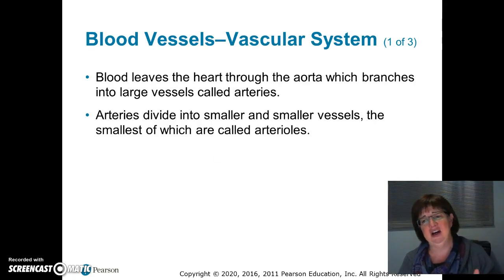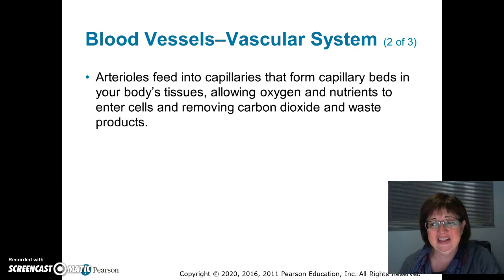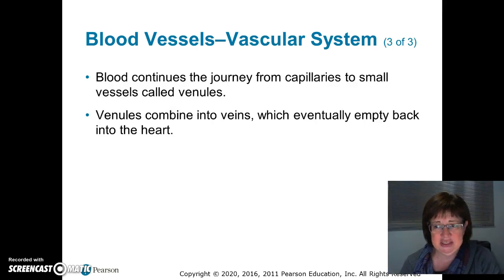Blood leaves the heart through the aorta, which is the main transporter. You'll see that if you saw one of the videos. Arteries then divide smaller and smaller, and they become arterioles. The arterioles will fill the capillaries, and it's in the capillaries where they're single cell and things can diffuse or be pumped across.